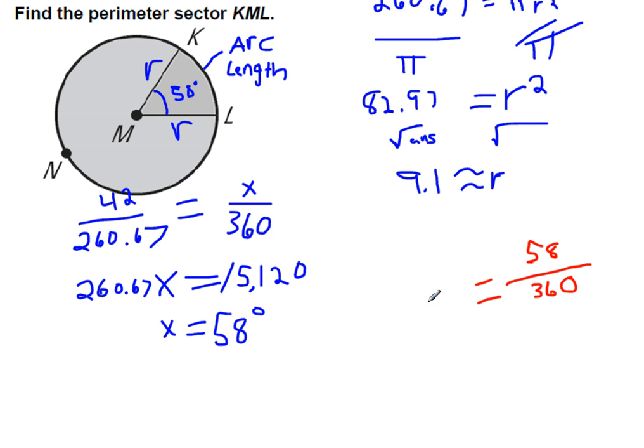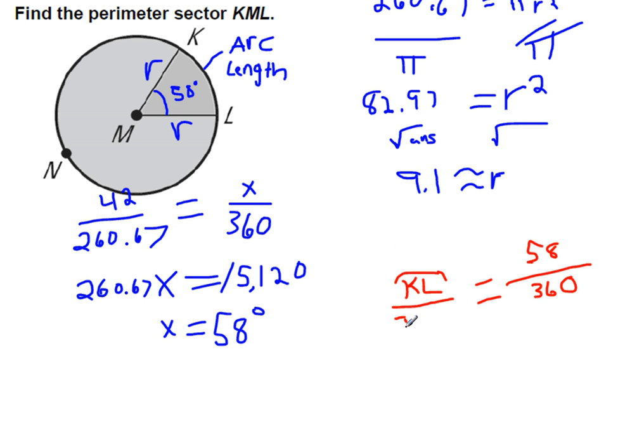And on the other side, it's the arc length that we don't know. I'm going to call that arc KL. I'll put the little arc symbol over it. And that over the circumference of the circle. Circumference, if you remember, is not pi r squared, excuse me, 2 pi r.